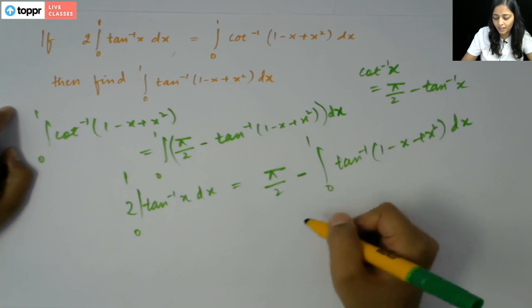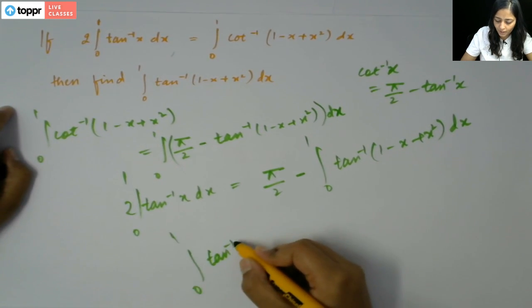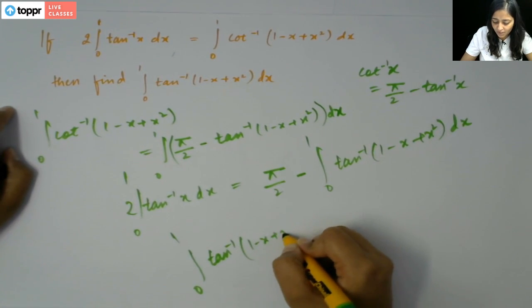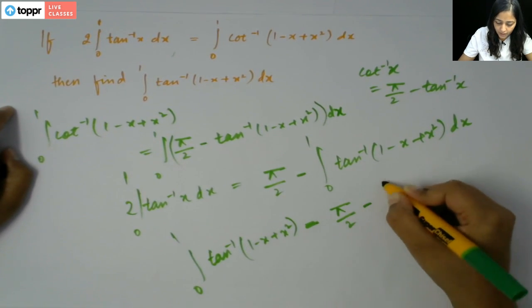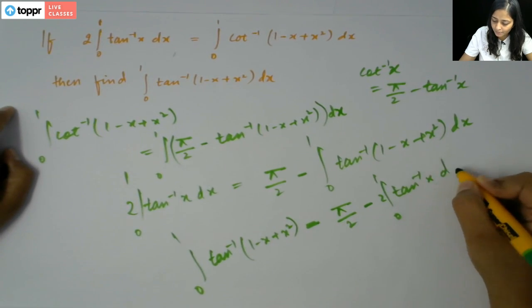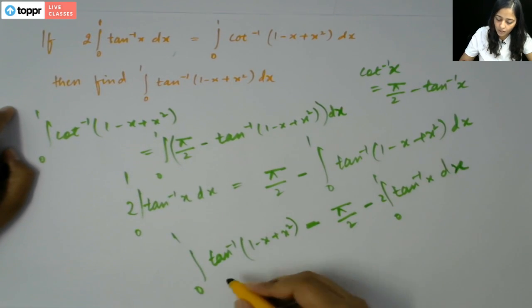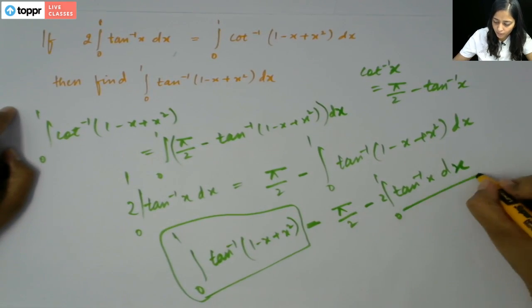Now if I rearrange the terms, I get the integral from 0 to 1 of tan inverse (1 - x + x^2) dx is equal to pi by 2 minus twice the integral from 0 to 1 of tan inverse x dx. Right. So now to find the value of this expression, we just have to evaluate this.